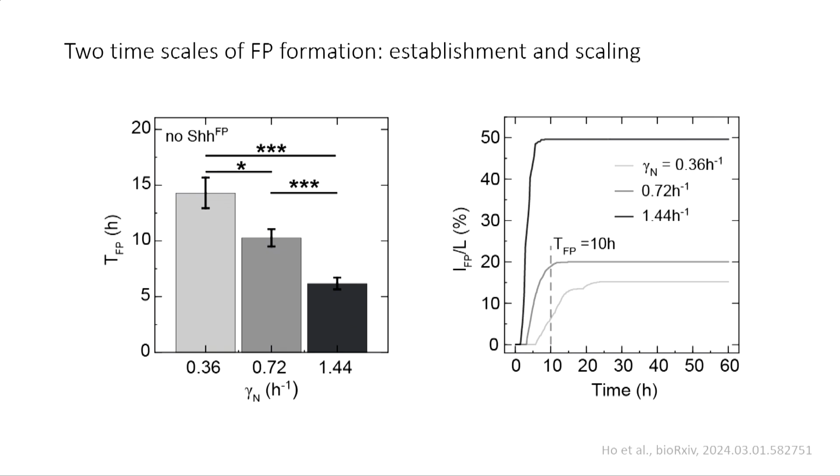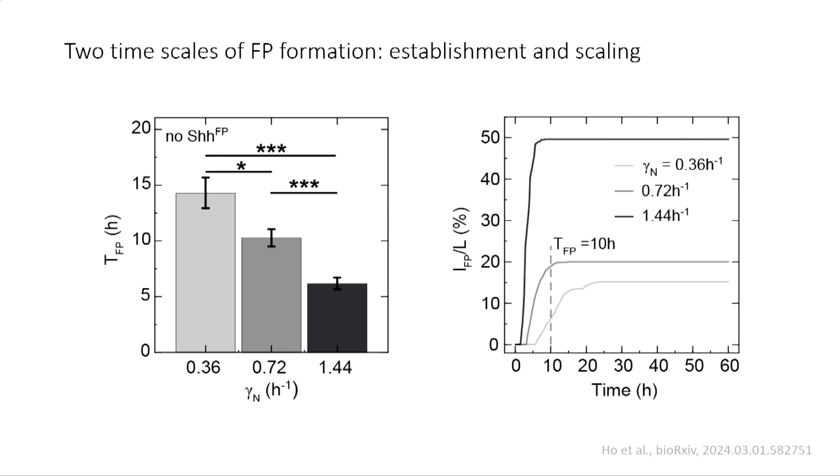And we were also interested in what decides these initial timings. What sets the floor plate to be formed early on, within roughly 10 hours? One answer is it's decided partly by the parameters of the network.